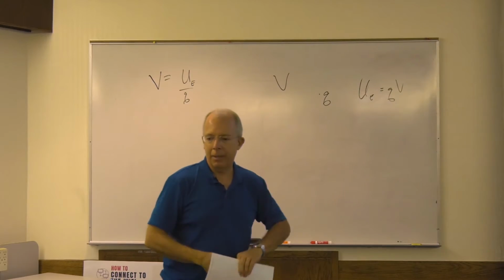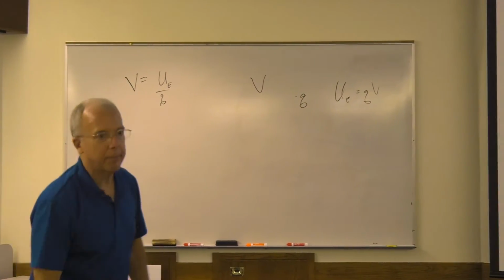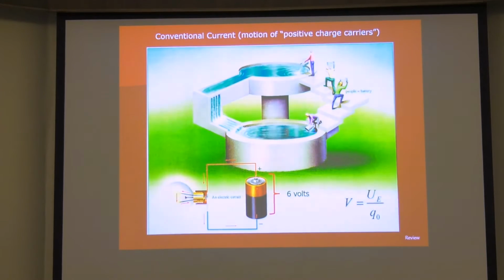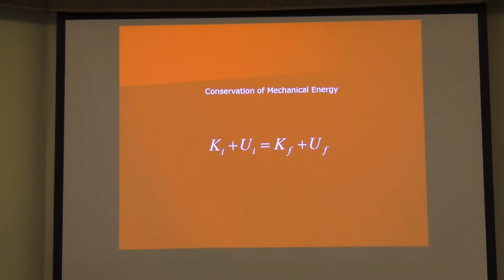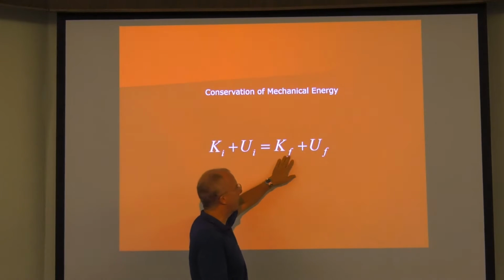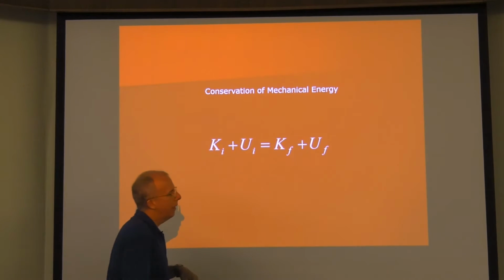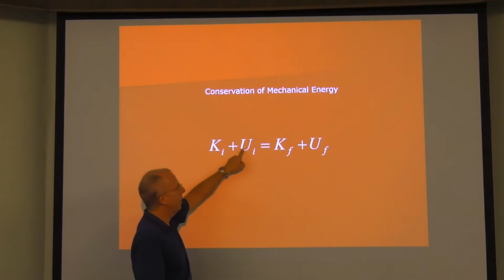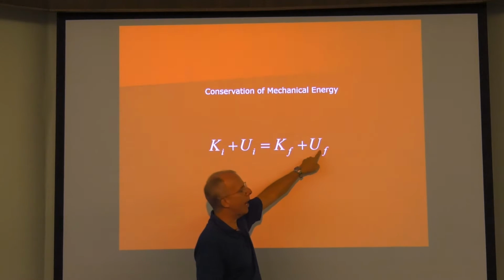That brings up the subject of energy. In Physics 121, we spent a long time talking about energy conservation. Let's assume that we don't have any friction, so mechanical energy is conserved. In 121, K initial plus U initial equals K final plus U final. For 121, this could be spring or gravity.